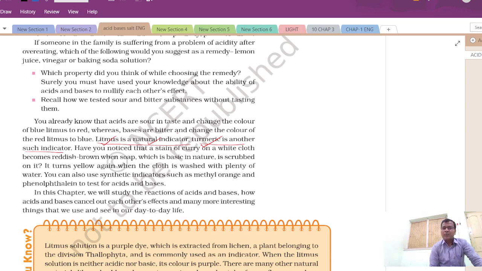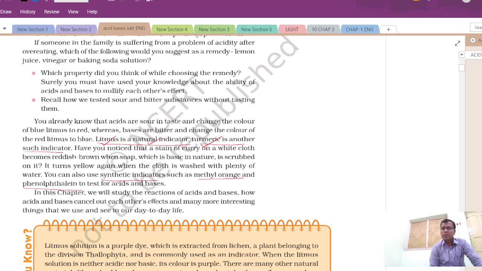There are 2 types of indicators: natural indicators, which are found in nature naturally, and other indicators which are synthetic, that is, man-made. There are synthetic indicators such as methyl orange and phenolphthalein.